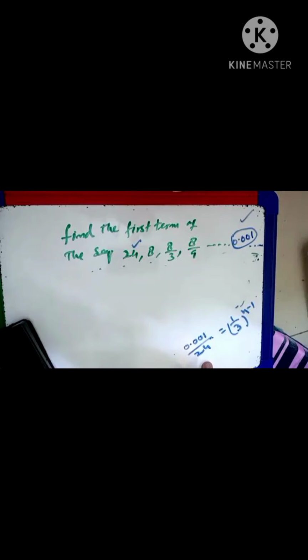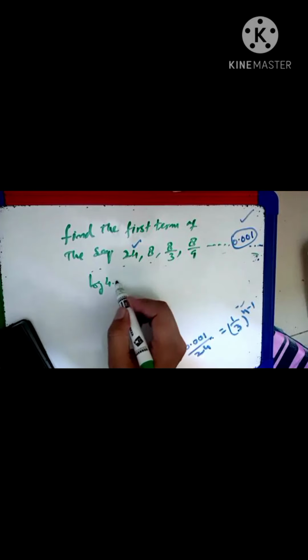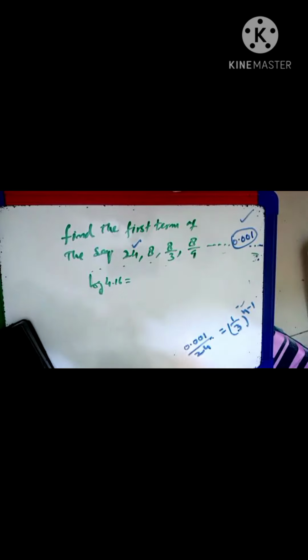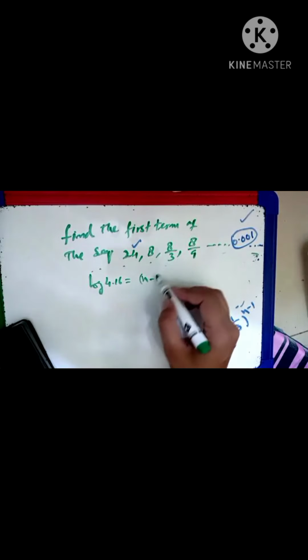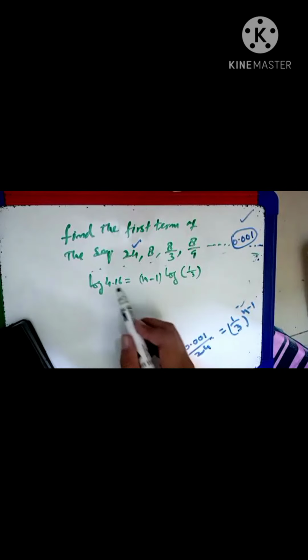Log 4.16, equal to n minus 1 log 1 over 3. Now the value of log 1 over 3 divided by the value of log 4.16. Khalas. Then plus 1. When you divide, you will get n minus 1. Then 1 will also move to the left side.